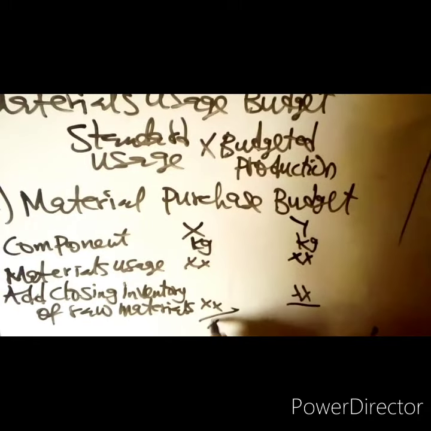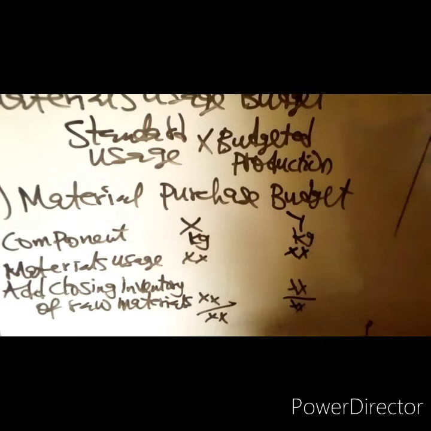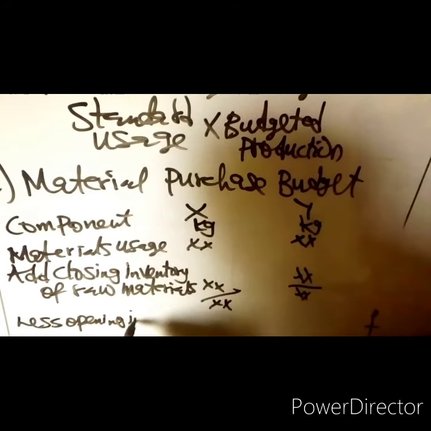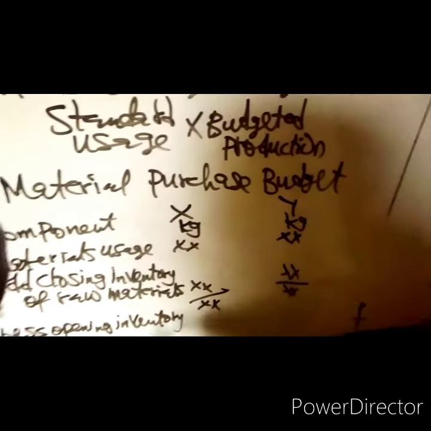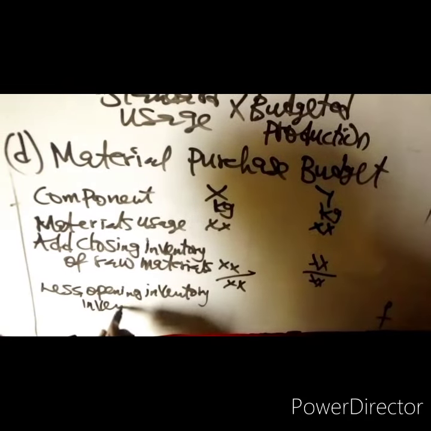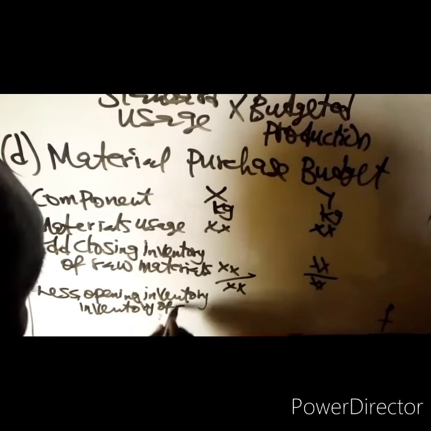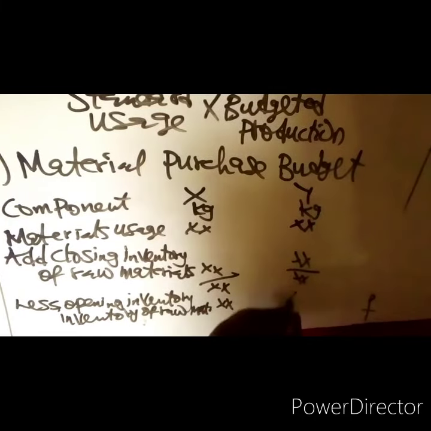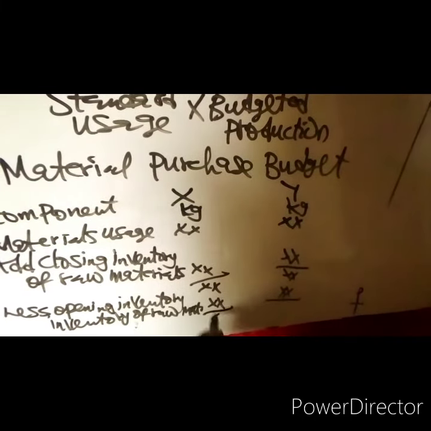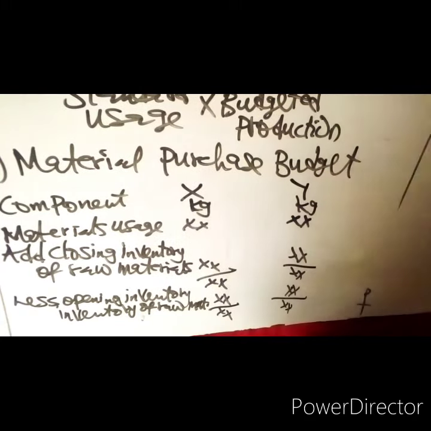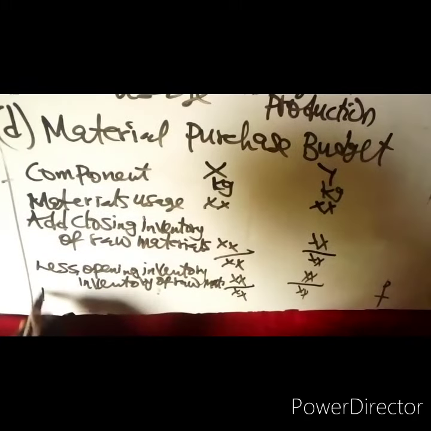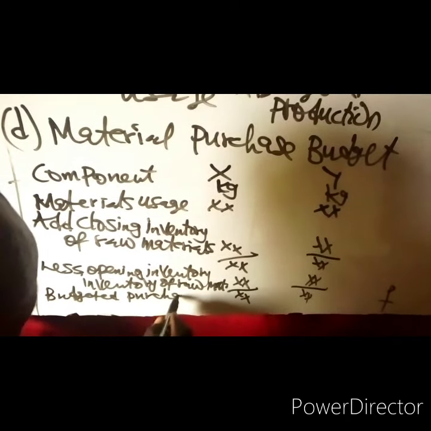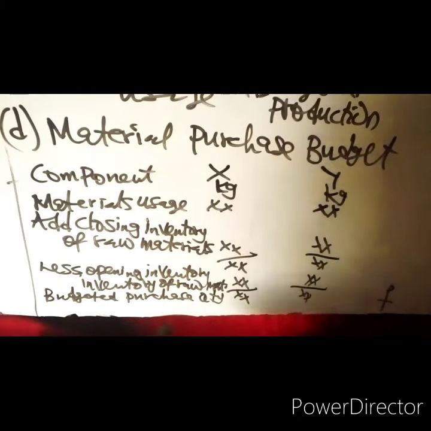Then you now less opening inventory of raw materials. So when you less the opening inventory, you have the budgeted purchase quantity, or the budgeted quantity purchased.